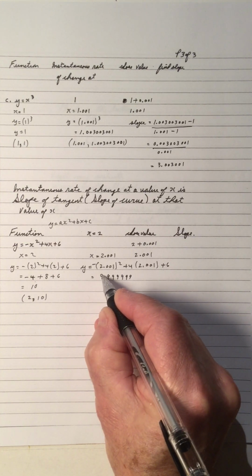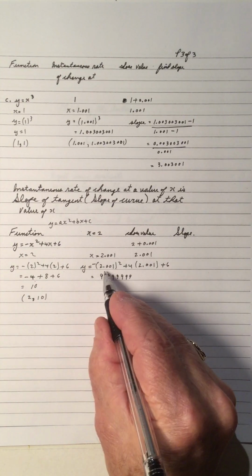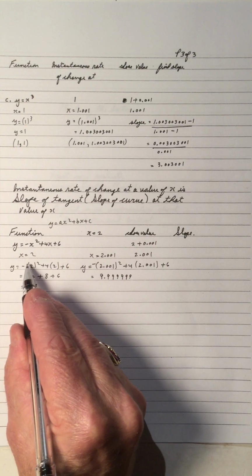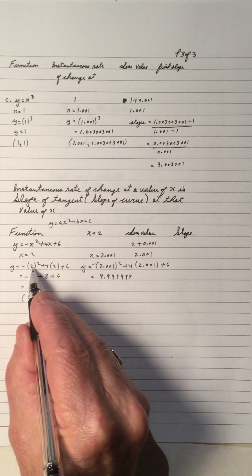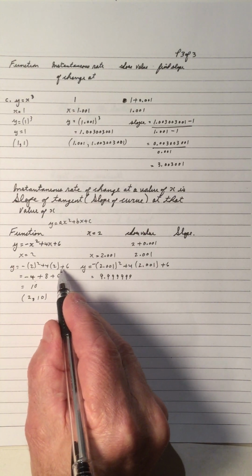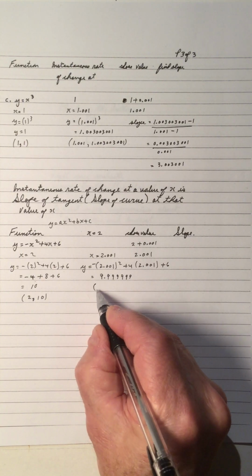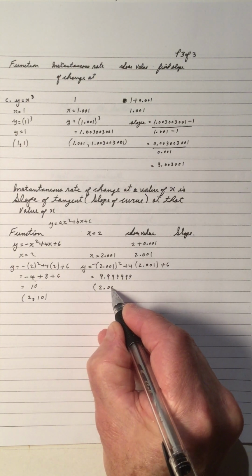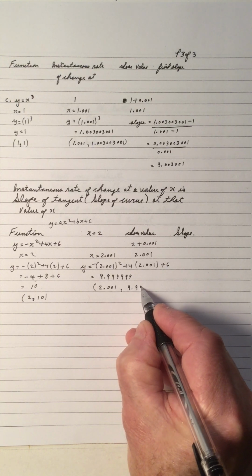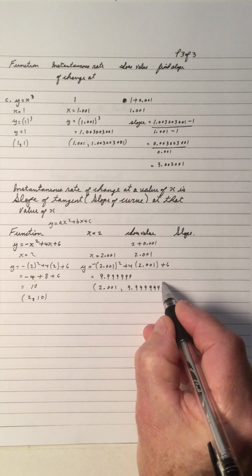That's what my calculator gives me. Again, plug all that in. Now I can put this in the calculator: the negative of a bracket around 2.001 squared, plus 4 bracket multiplication, plus 6. So this point is 2.001, comma, 9 point, and you've got 9 nines after the decimal.